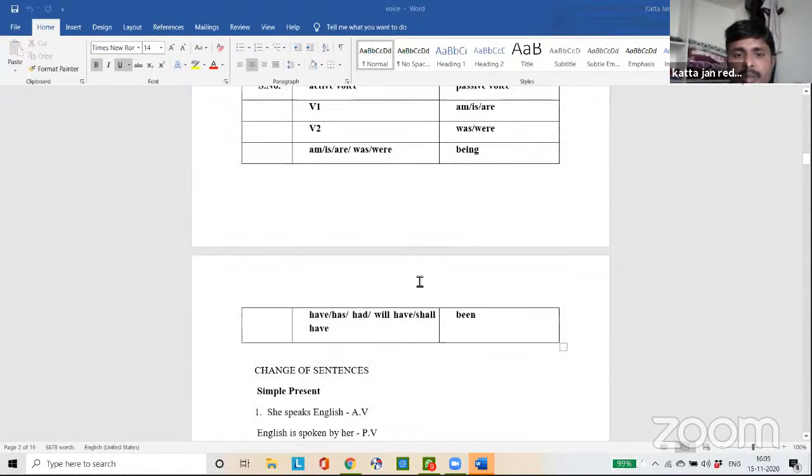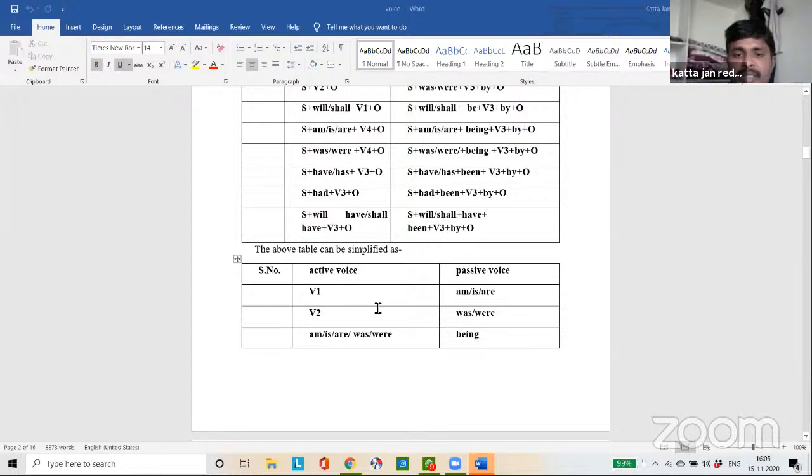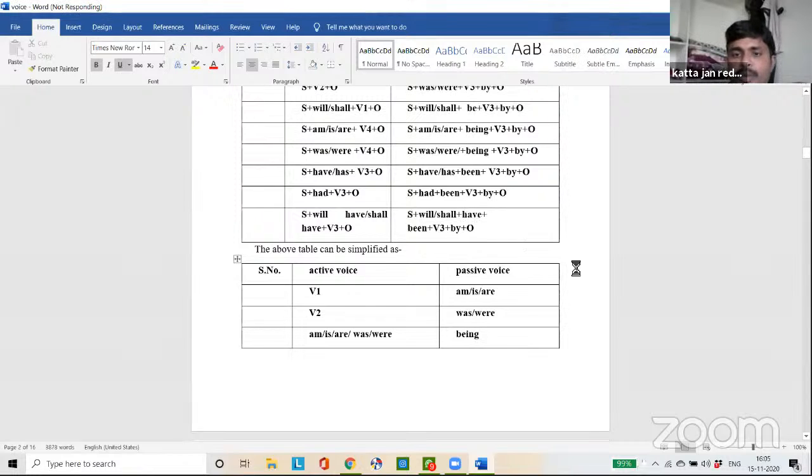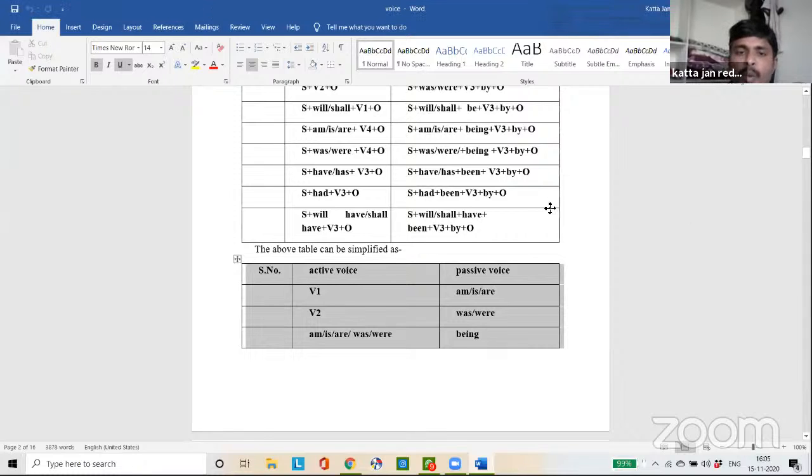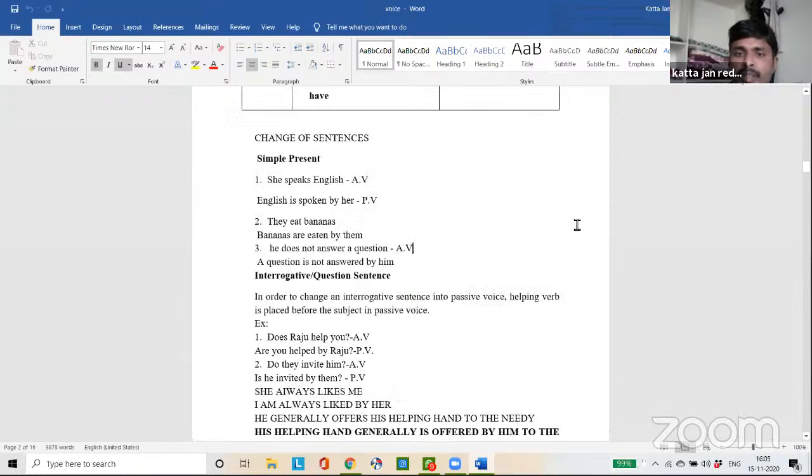Right? So if you remember this table, the 6 steps and the pronoun table, when you remember these 3, then the voice is in your hand without having any doubt.